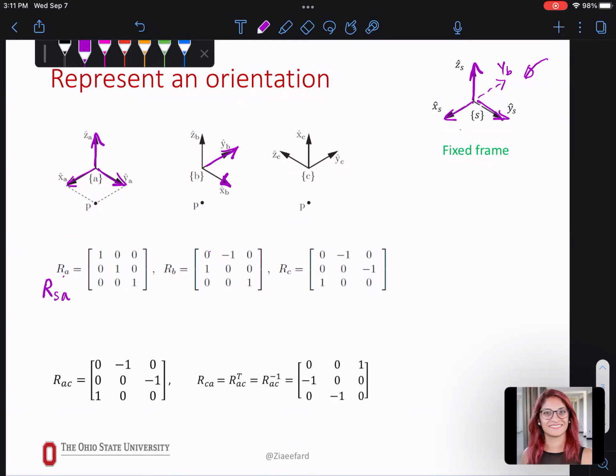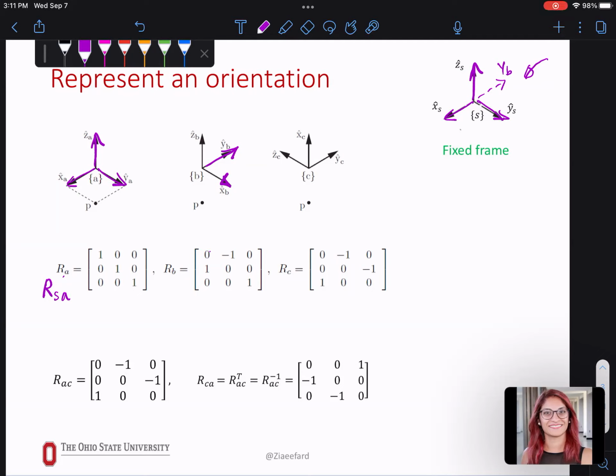Okay. Now, sometimes we have a fixed axis, right? Let's say we have a camera, we have a robot arm, and we have someone that is watching, a bystander who has a frame of his own.